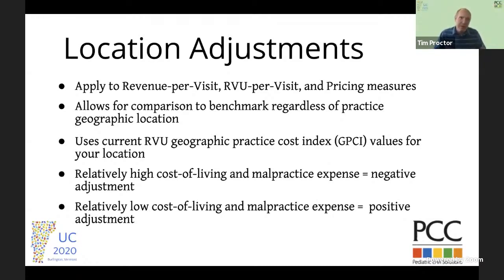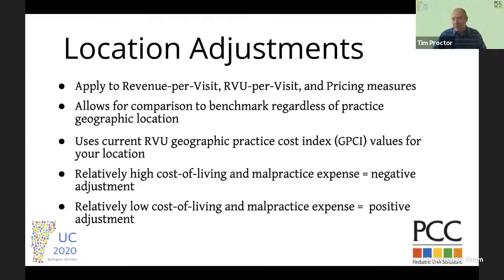So in order to benchmark accurately and compare practices regardless of location, we do some location adjustments for some measures. Is it perfect? It's not perfect, but it is a way that you can make that comparison regardless of where you are in the country for the measures that it's needed for.